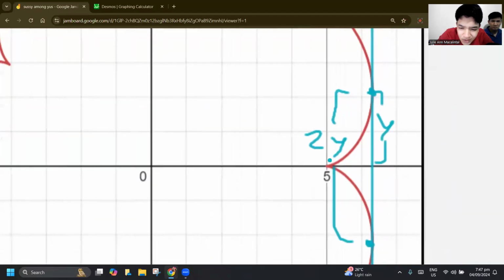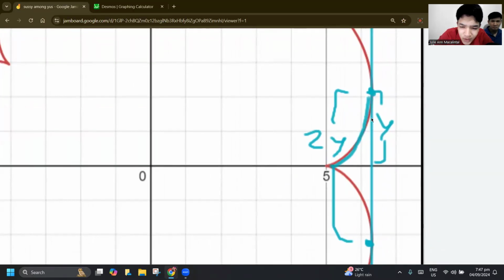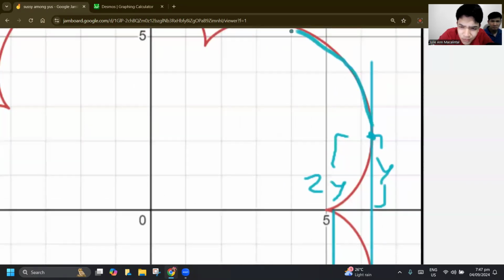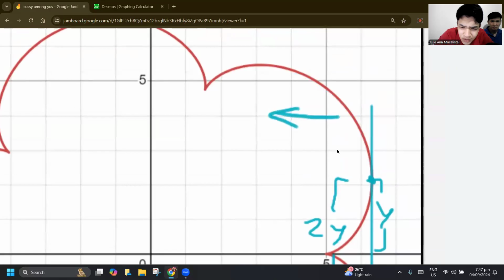It's apparent from here that x is going up because it's moving this way, and then after this point it's going this way.